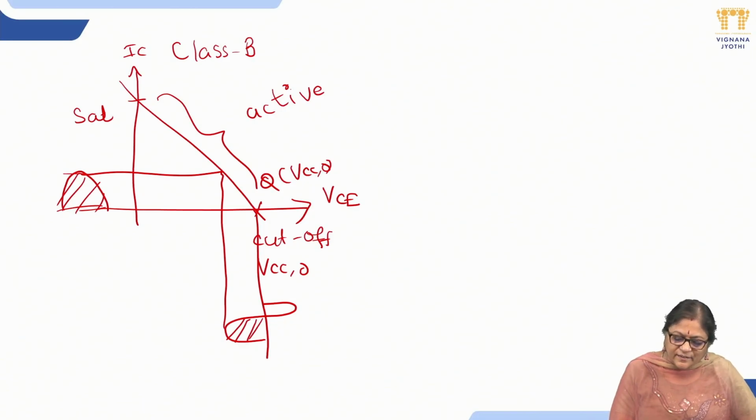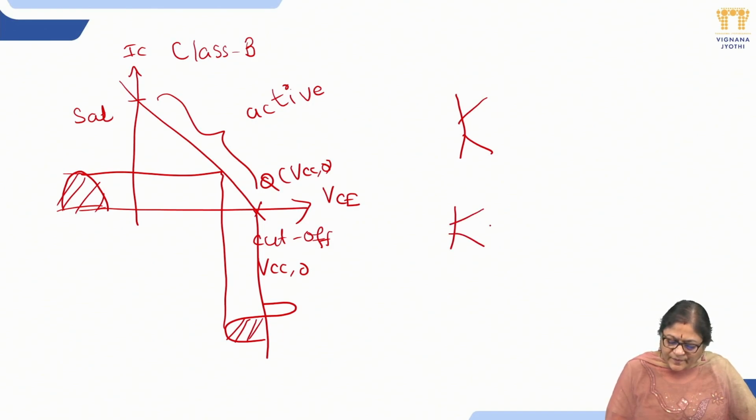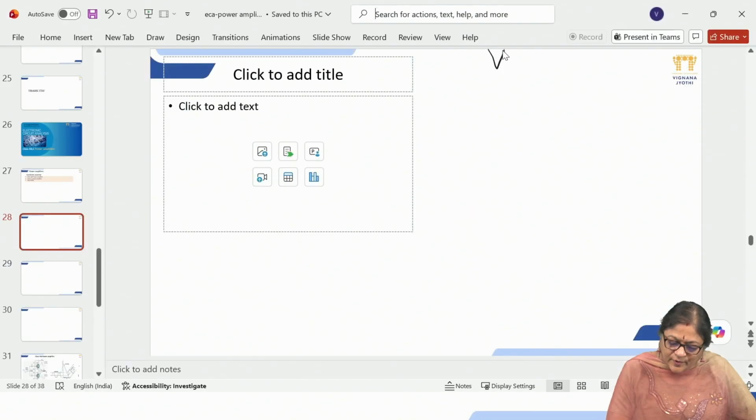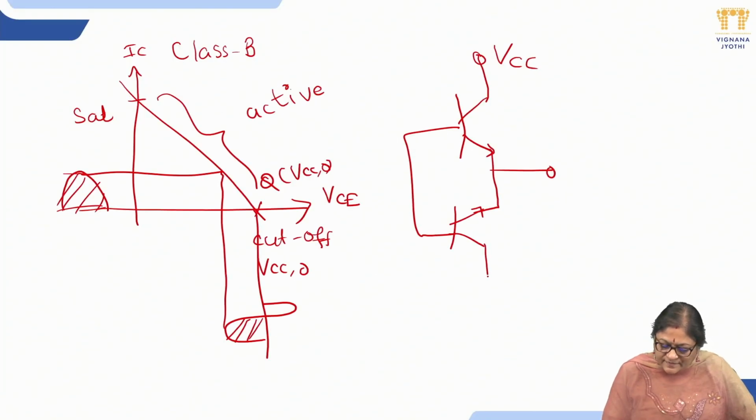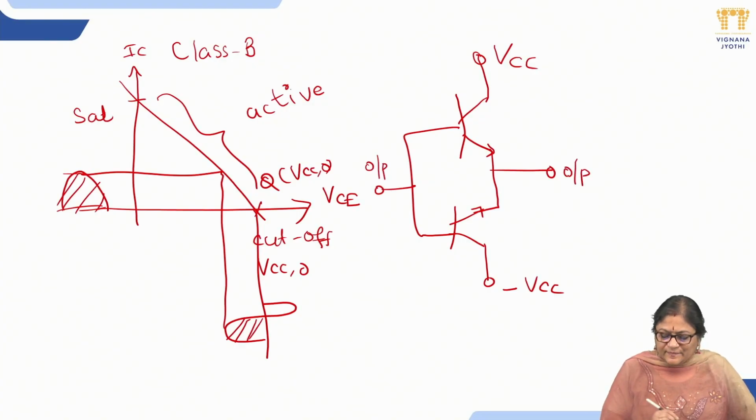That's why we are taking two Class B stages. Suppose I take a complementary symmetry amplifier: here one is NPN and another is PNP. Both are connected together and their emitters are connected together. The VCC is taken at this point, minus VCC is taken here, the input is provided at this point, and the output is taken at this point.